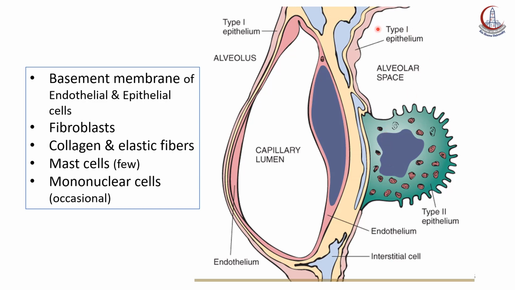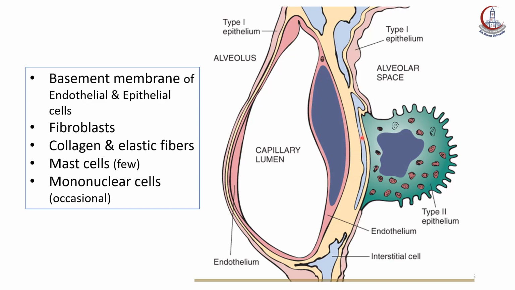Mostly the lining is type 1 pneumocytes. Here is the basement membrane of the alveoli and the basement membrane of the nearby capillary. That capillary is lined by endothelial cells, and the air enters the lung into the alveolar space, and oxygen is perfused from the alveolar space into the blood inside the capillary lumen.